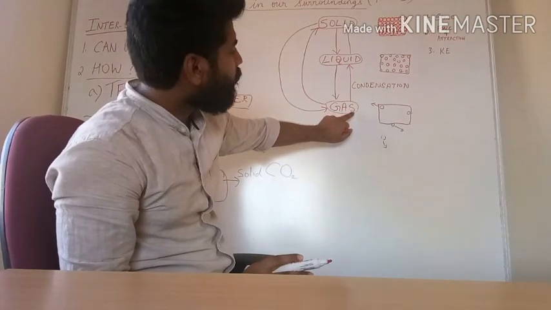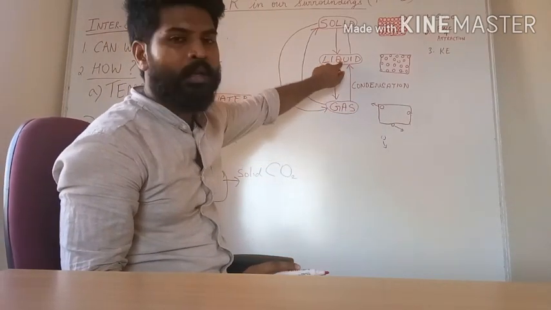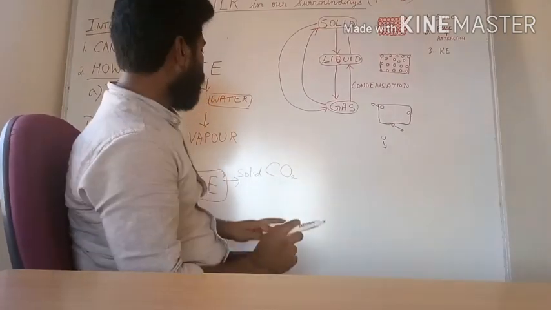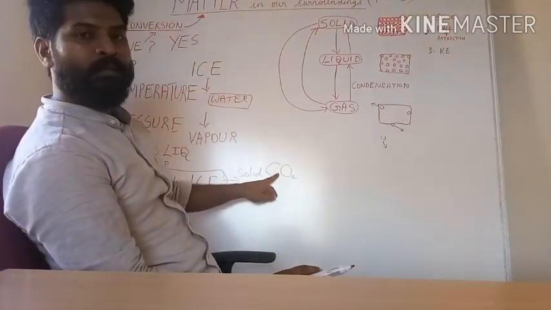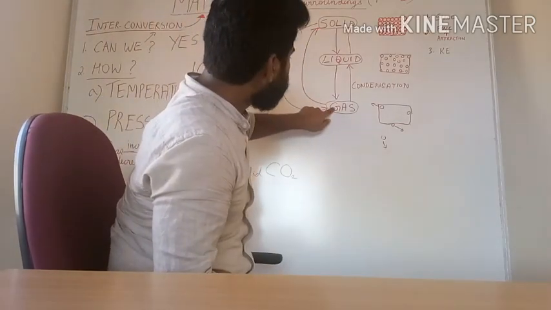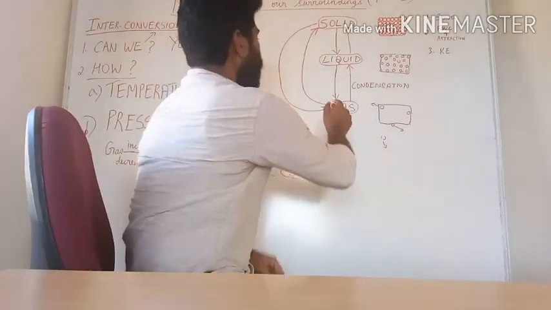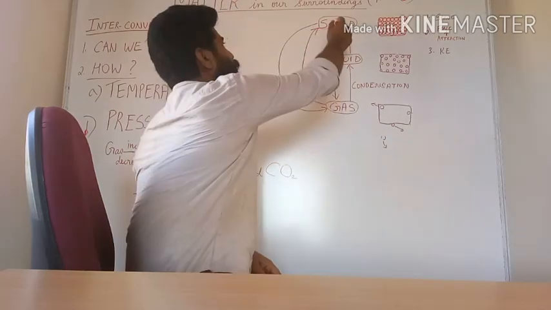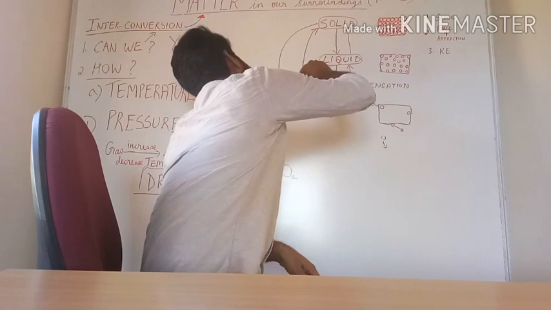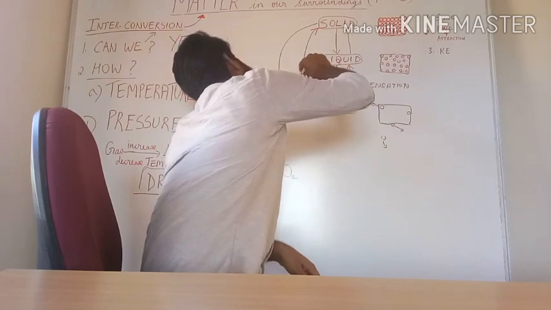Conversion of gas into liquid is called condensation. We also saw we can convert carbon dioxide into solid, that is a gas into solid. Conversion of gas to solid directly is what is called deposition.